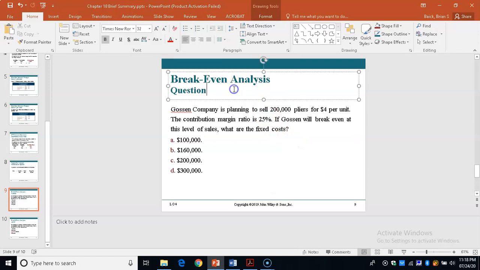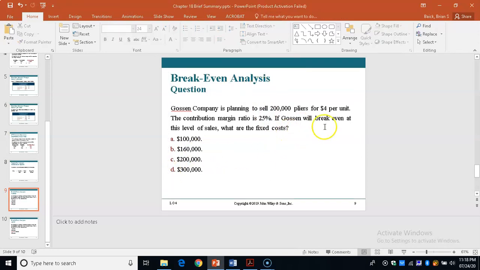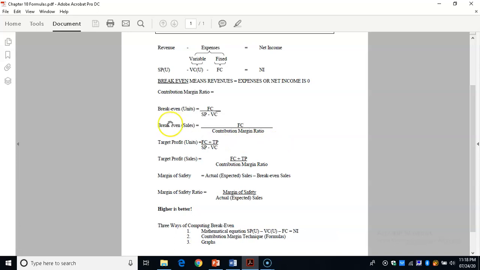So let's see which formula we're going to use. They're saying break-even, right? I see that listed here. I have contribution margin ratio, right? And let's look at the formulas. Which one has break-even and contribution margin ratio? The only one is this formula here.